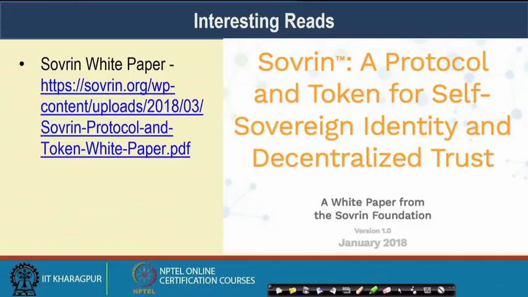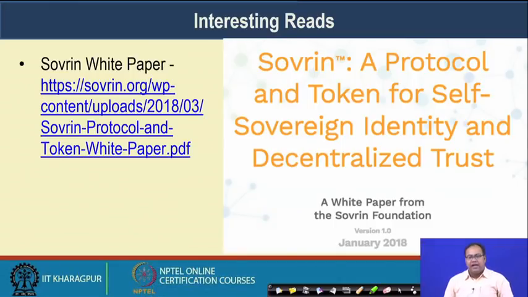That is one interesting read that I encourage all of you to go through. It is the Sovrin protocol, which utilizes a blockchain platform for identity and decentralized trust management. So, you can get a nice concept about how blockchain can be utilized for digital identity management.